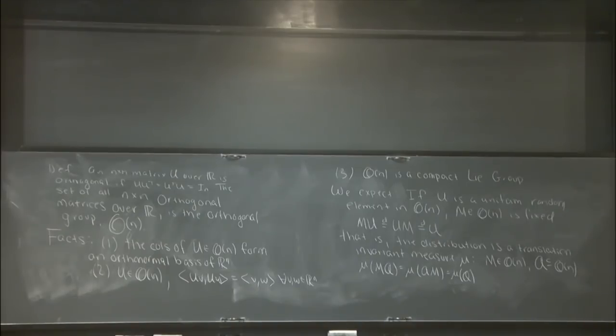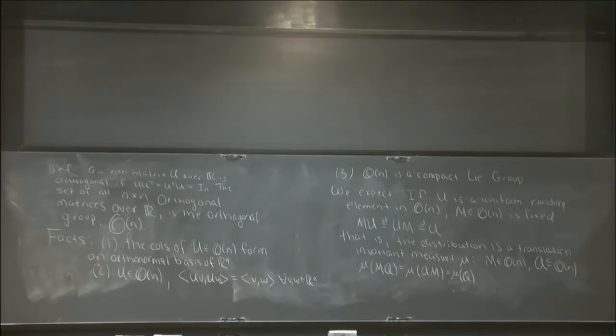U is orthogonal by construction, so that's good. In order to show I have Haar measure, I just need to see that its distribution is translation invariant. So I need to check that when I multiply by a matrix M in the orthogonal group, I'm not changing anything. Here, again, I'll fix a matrix M in the orthogonal group.